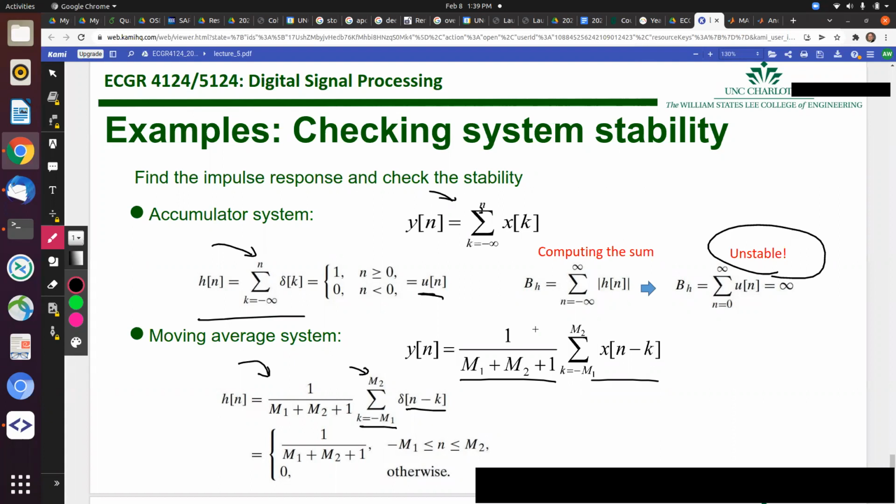The value of this system is 1 over m1 plus m2 plus 1 for any value of n in between minus m1 and m2, but 0 otherwise. So every value of the impulse response, its magnitude, is finite. So this is a stable system. If x of n is bounded, then the average of the x of n's is also bounded, whether it's a moving average or otherwise. That makes sense, right?